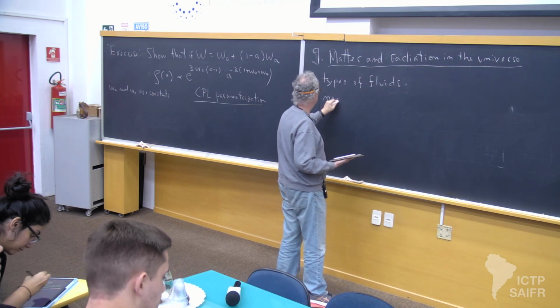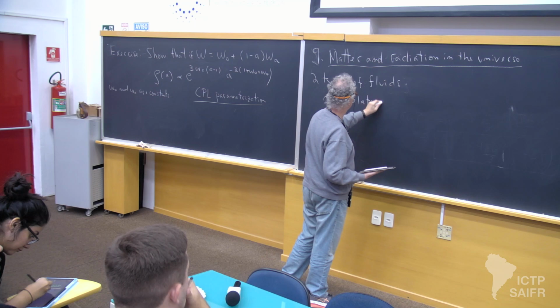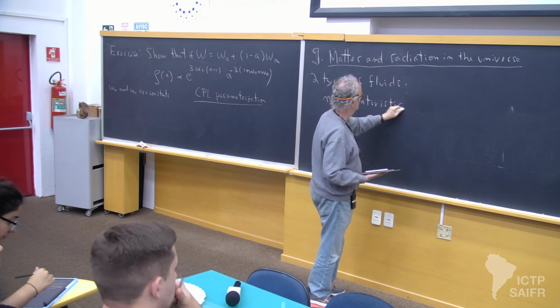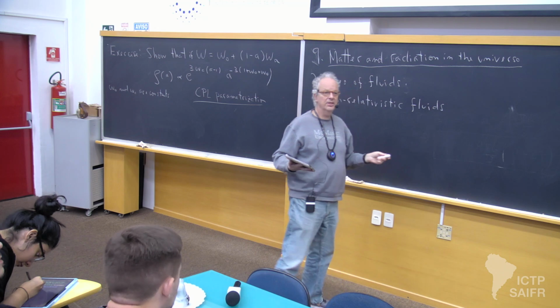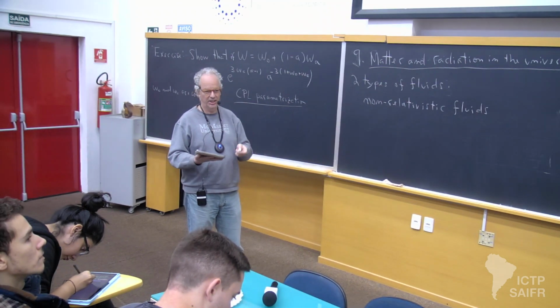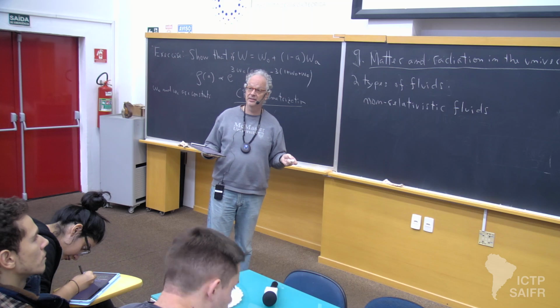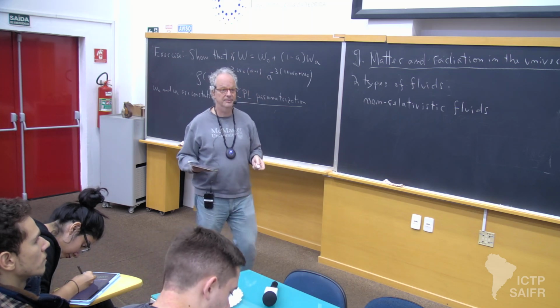Non-relativistic fluids. So non-relativistic fluids, as the name indicates, means that the particles in the fluid are not moving at very large speeds, so the pressure is very small compared to the energy density.